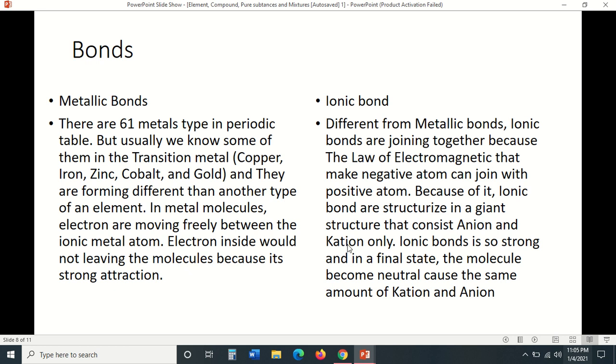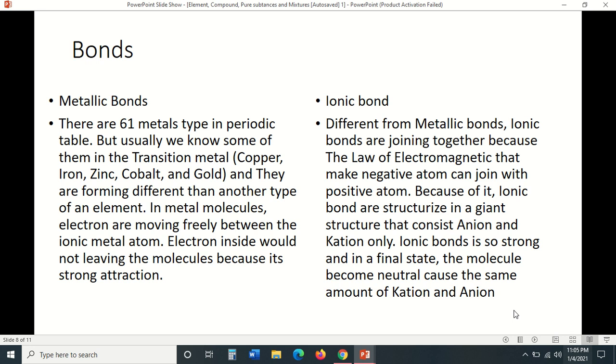First a cation and an anion attract each other, and then there is another cation and another anion, and that will make a very structured giant structure. Ionic bonds are so strong, and in the final state the molecule becomes neutral, because of the same amount of cations and anions.